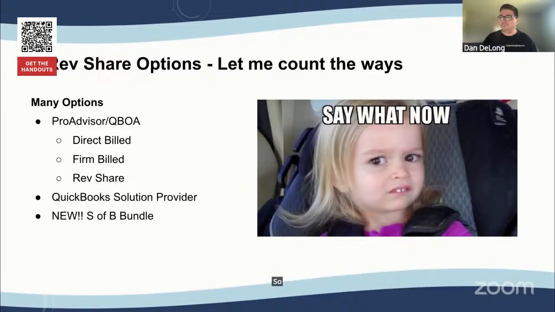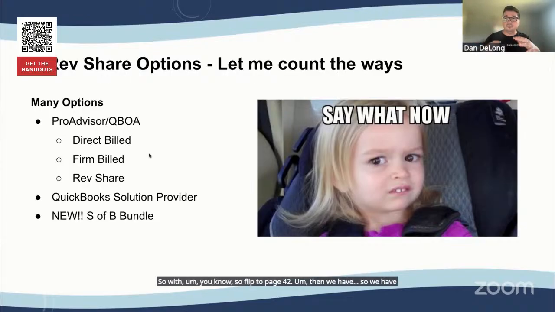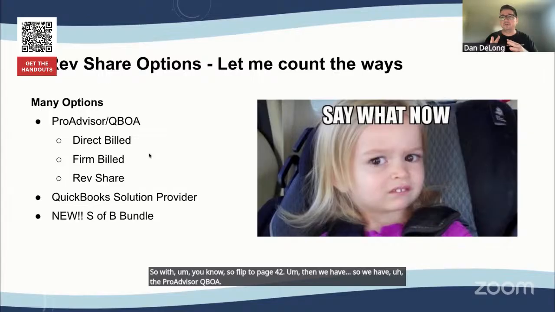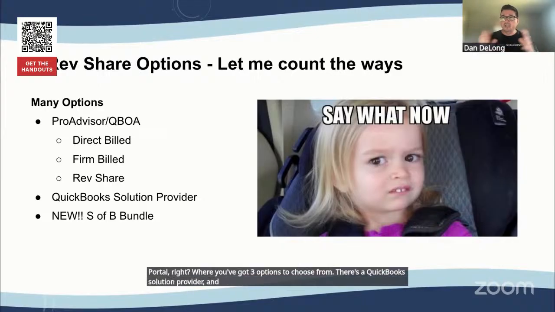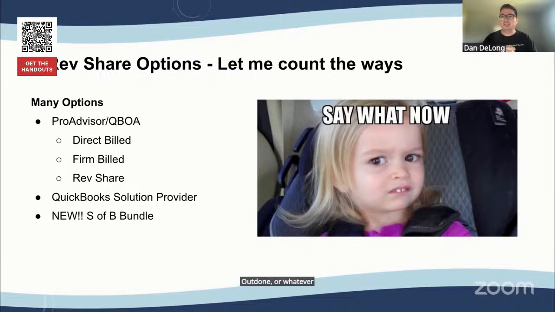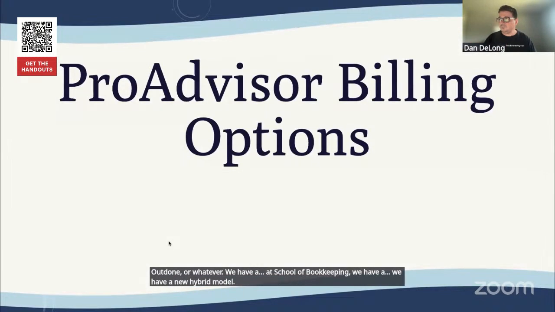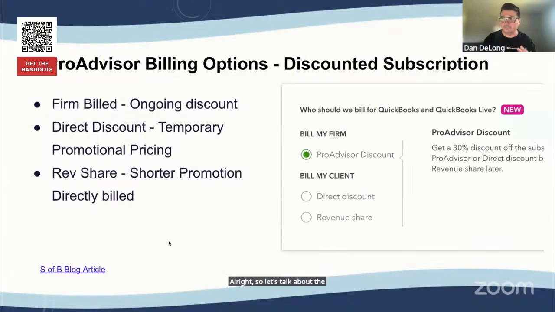Flip to page 42. Then we have the ProAdvisor QBOA portal, where you've got three options to choose from. There's a QuickBooks solution provider, and, not to be outdone, at School of Bookkeeping we have a new hybrid model. So let's talk about the ProAdvisor billing option.